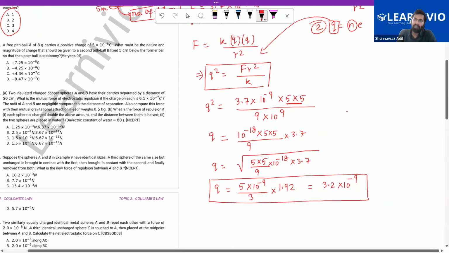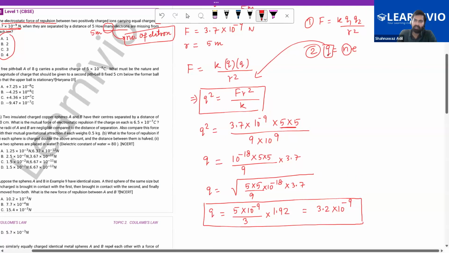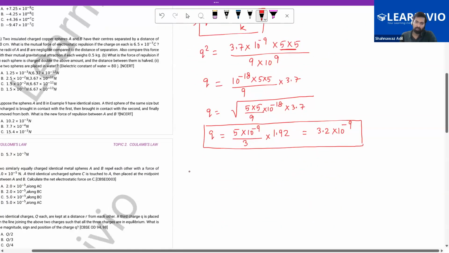And we can relate this with the quantization of charge. So the second part is that Q is NE. So we can calculate N as Q by E. So this Q is 3.2 into 10 to the power minus 9, and E is 1.6 into 10 to the power minus 19.